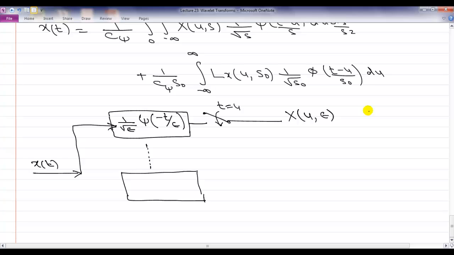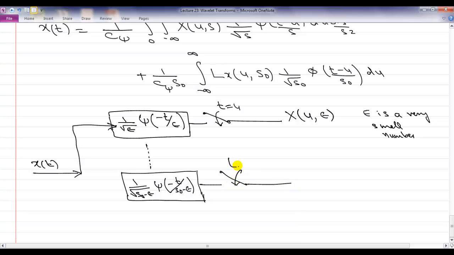So here I'm defining epsilon as a very small number. And then you get to s naught, and you stop before s naught, so you have s naught minus epsilon, psi of minus t over (s naught minus epsilon). And again, you just sample at t equal to u, and you get x of u, s naught minus epsilon. And in between, you are getting all the other scales.